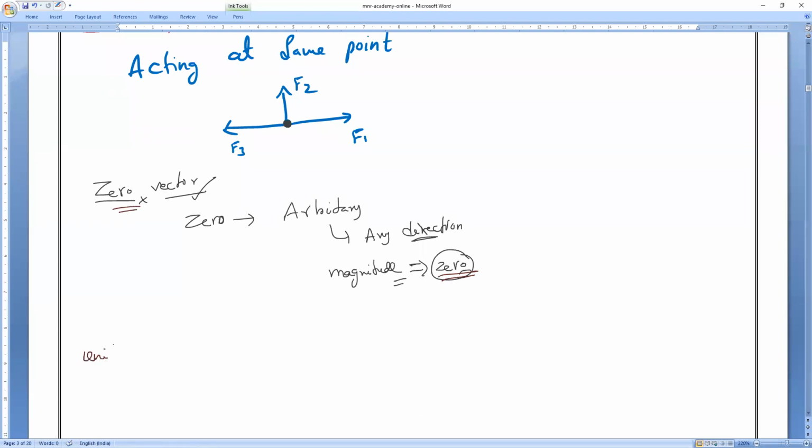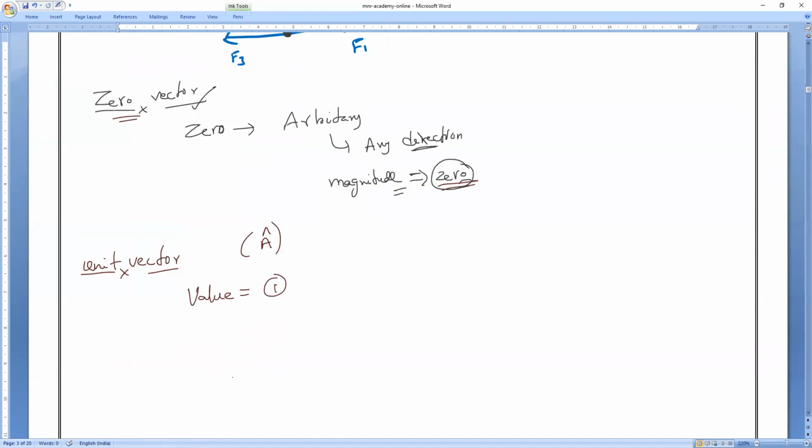Next, unit vector. We all know what a unit vector is. Can you tell me what you mean by unit vector? Of course, a unit vector is represented like this. Unit means the value is equal to how much? 1. The magnitude is equal to 1. The whole purpose of a unit vector is only direction.